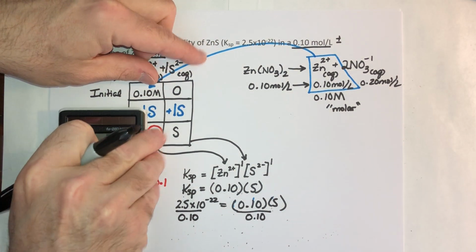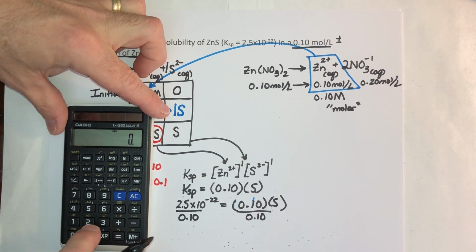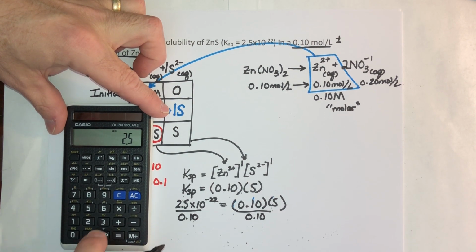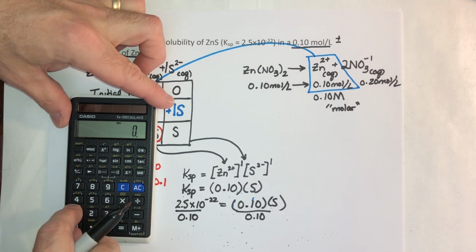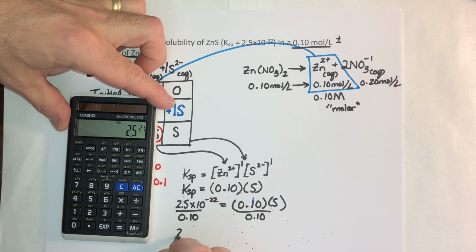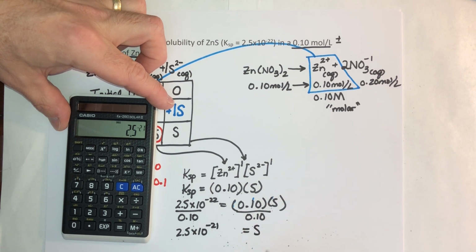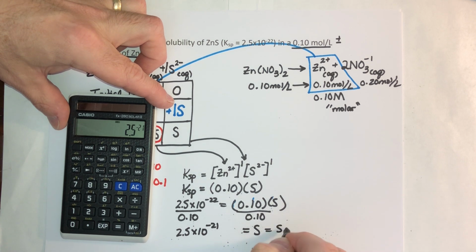So if we pull out our calculator, 2.5 times 10 to the negative 22 divided by 0.1 gives me 2.5 times 10 to the minus 21 equals S. Now S does stand for solubility.